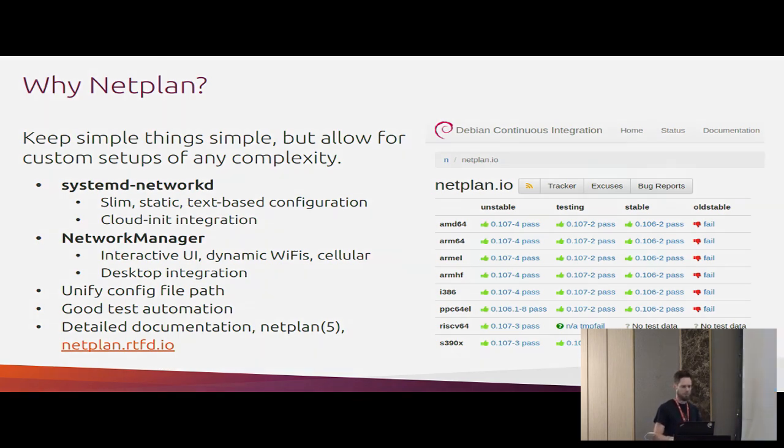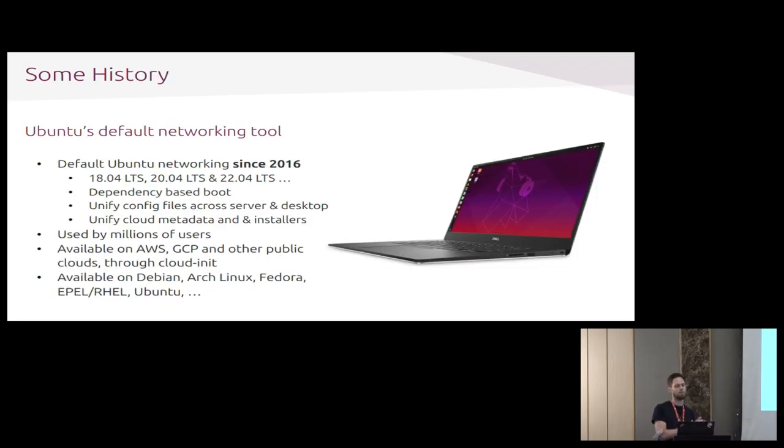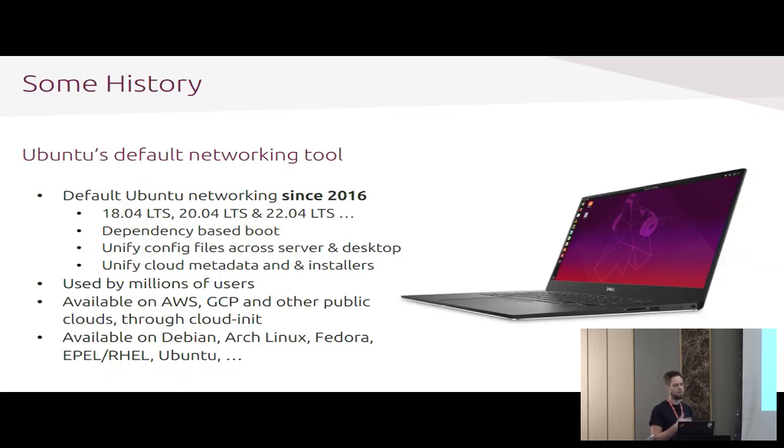All right, so let's talk a bit about history, where Netplan actually came from. Netplan was first introduced in 2016 as the default network configuration tool on Ubuntu. It was designed even before that, but it has been in production since 2016, which is like 7 years now. Since then, it has been deployed to some major Ubuntu long-term support releases, like 18.04, 20.04, or the most recent 22.04.